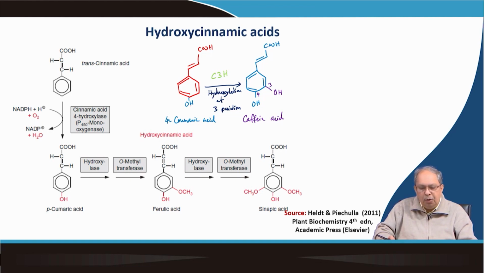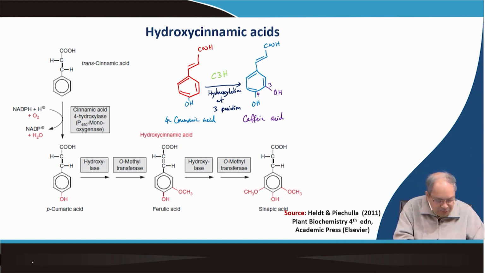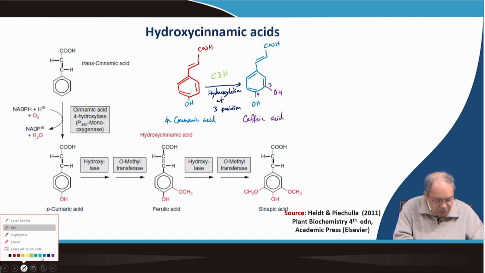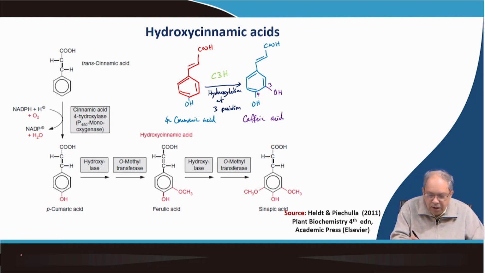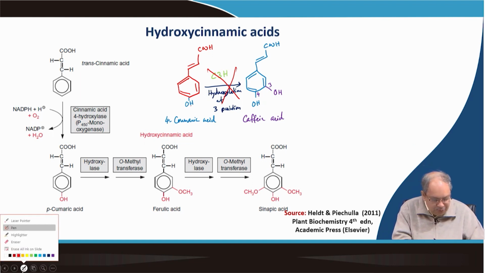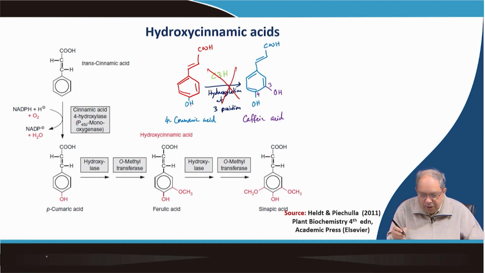A lot of attention was paid to this, and initially it was thought to be a soluble enzyme, but much later, when molecular tools were explored, it was found that this conversion is not that simple. In other words, coumarate to caffeate conversion is not possible this way. We will see later how this conversion happens, but let us now go to the other structures.